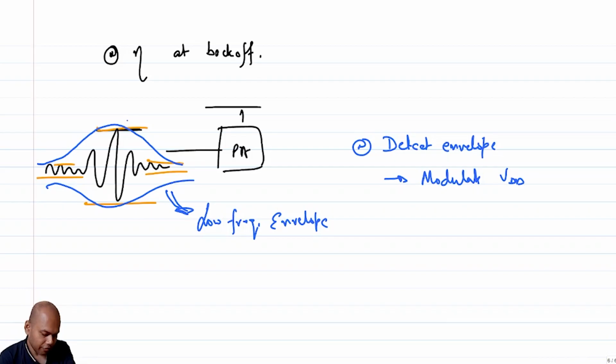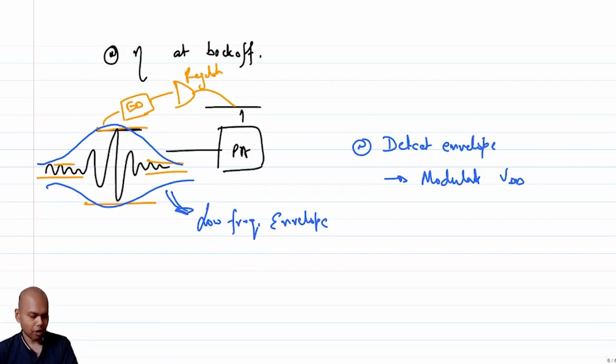So you essentially have an envelope detector, and once you detect the envelope, you have an LDO or a low dropout regulator, or I will simply say the regulator, which powers the PA, which powers the supply of the PA.